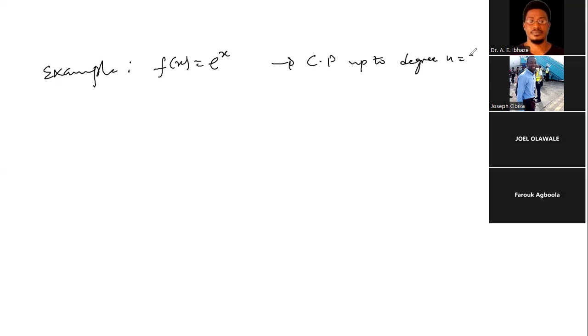Now, let us look at an example. Let's see how this is done to appreciate the Chebyshev polynomial approximation. We want to approximate the function f of x being the same as e to the x, using the Chebyshev polynomial up to degree n equal to 2.